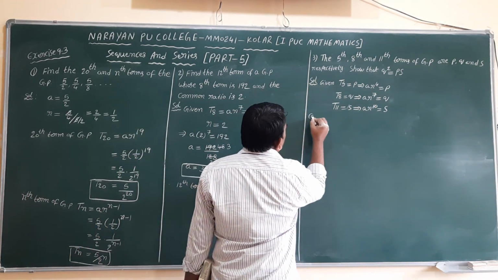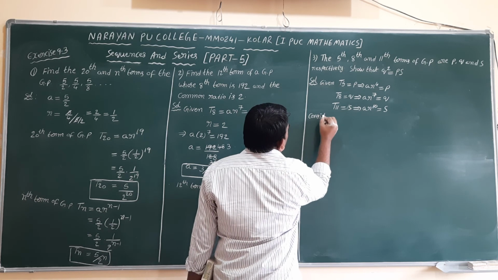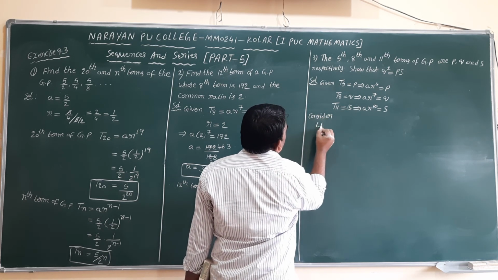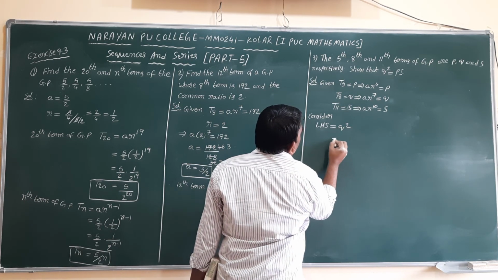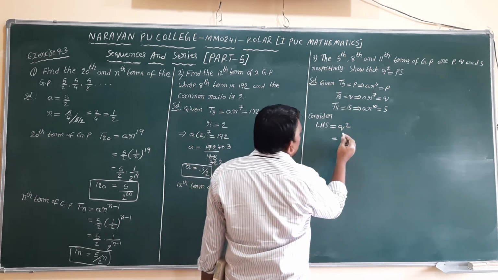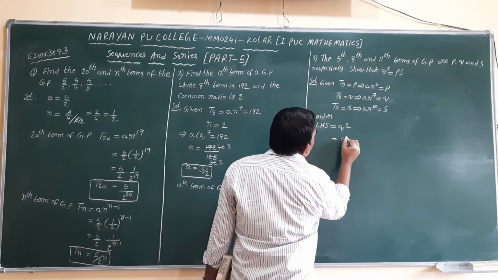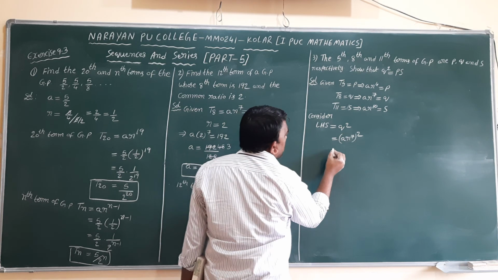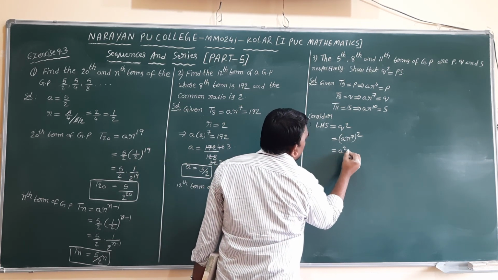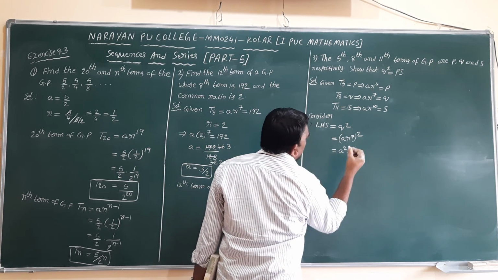Now consider LHS equal to Q square. Q square is nothing but AR power 7 whole square. This is A square R power 14.